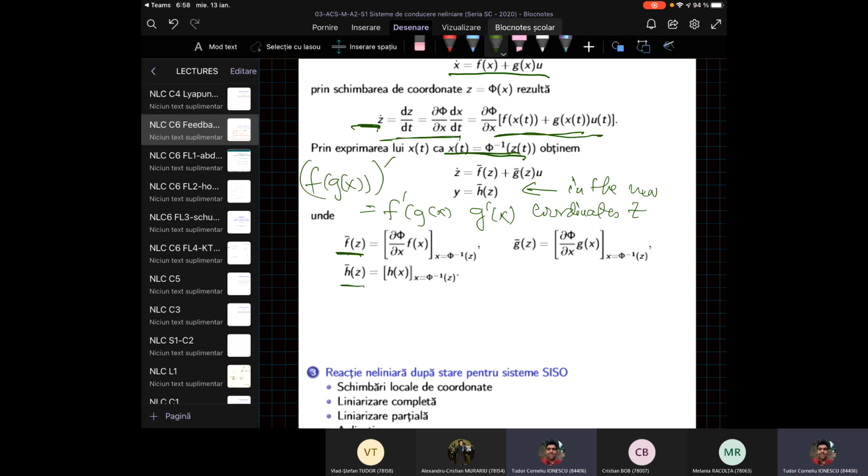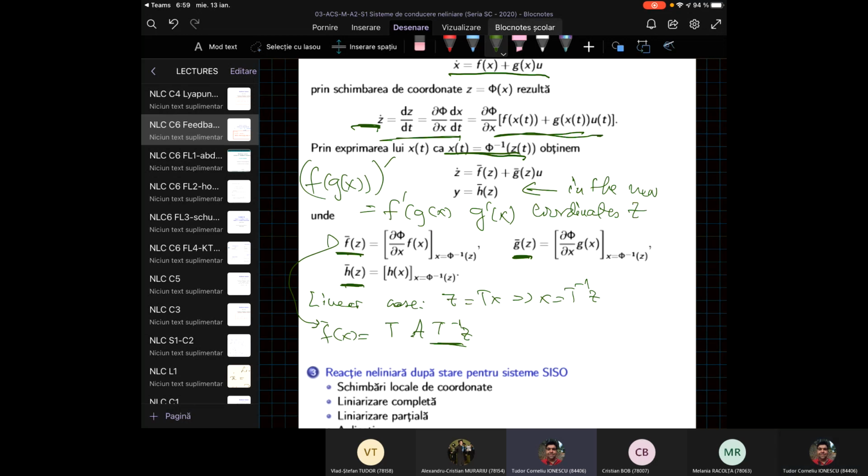And this is what every mapping f bar, the vector field of z, h bar of z, g bar of z, is. Apply this to the linear case. Z equals Tx, which means x is T inverse z. F bar of z is T A T inverse z, I'm substituting this in the linear case.